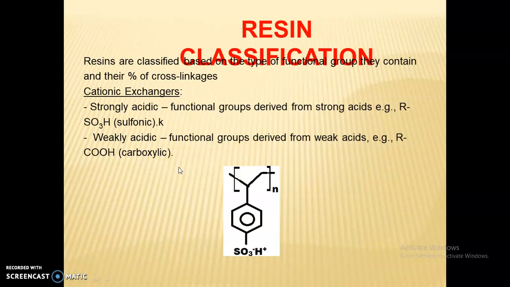When we pass hard water through these resins, the active species is H+ ions. These H+ ions are given into water, and the hardness-causing cations such as calcium, magnesium, and heavy metals are taken up by the resins. So the cations are removed.